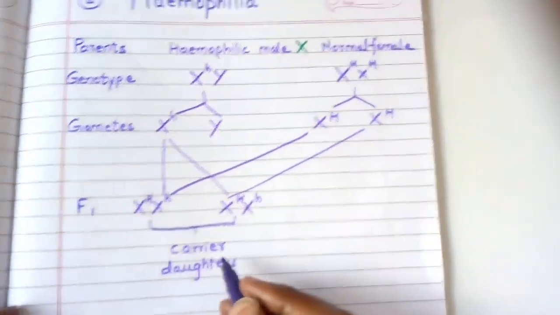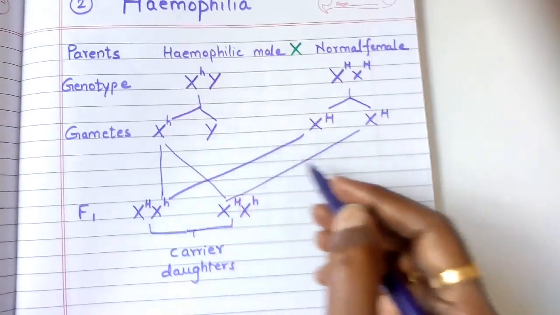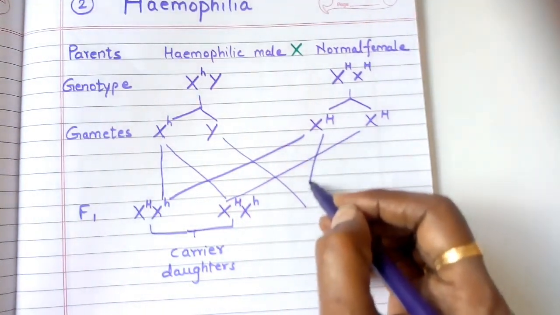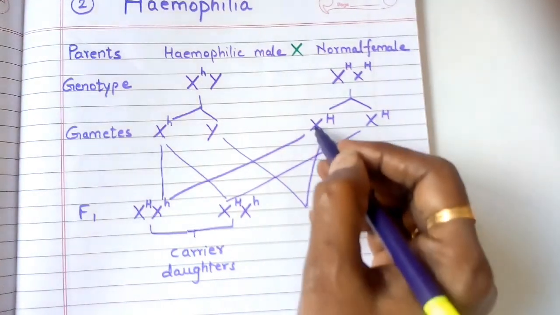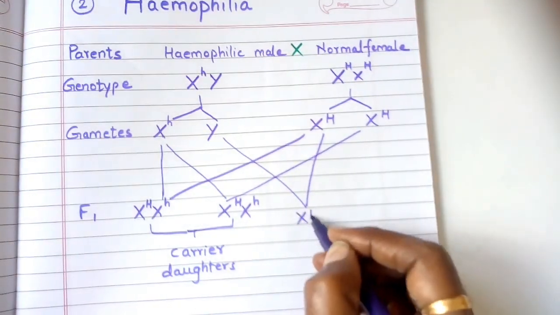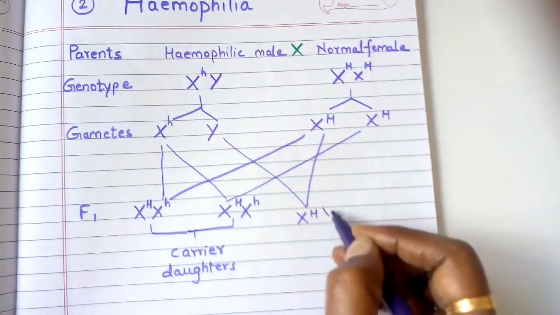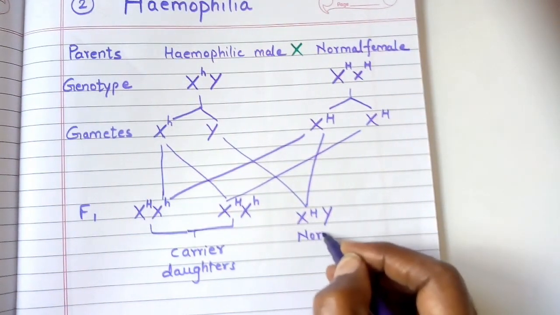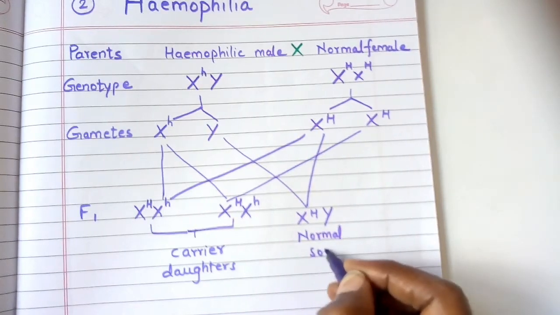Now we have to cross this male gamete with the female gametes. This is Y chromosome, this is X chromosome. On X, the dominant gene is present, and this is Y chromosome. Dominant means this is a normal son.